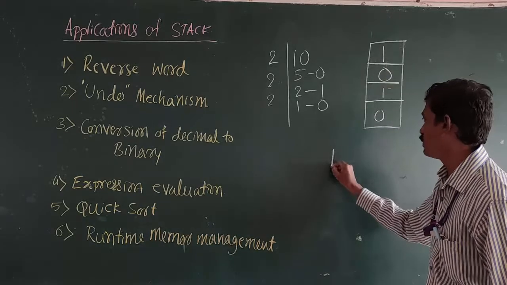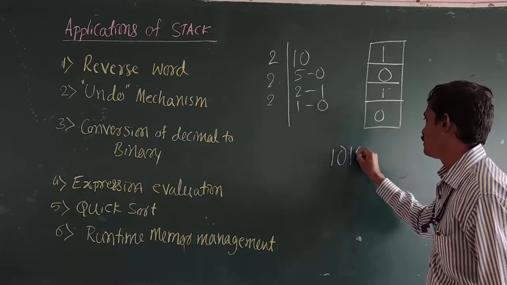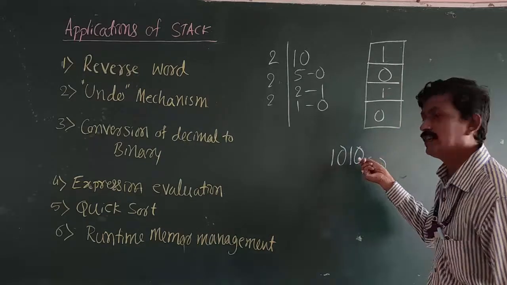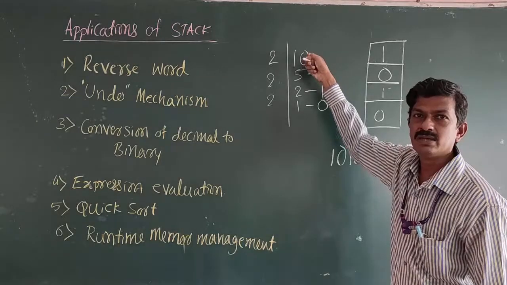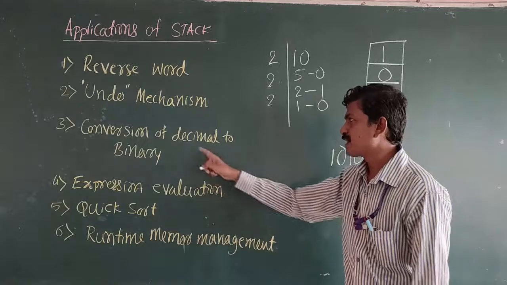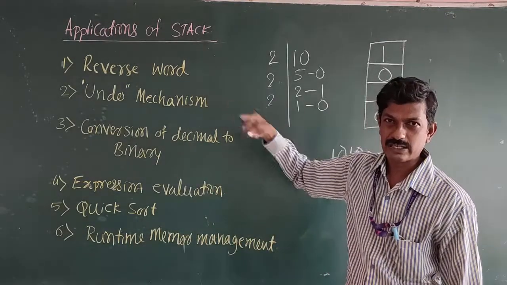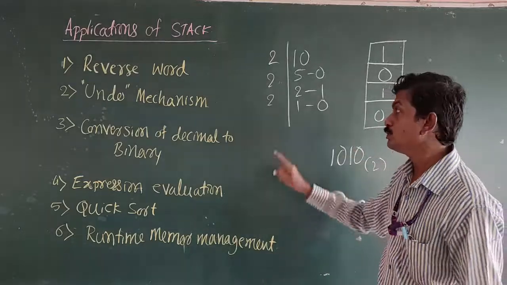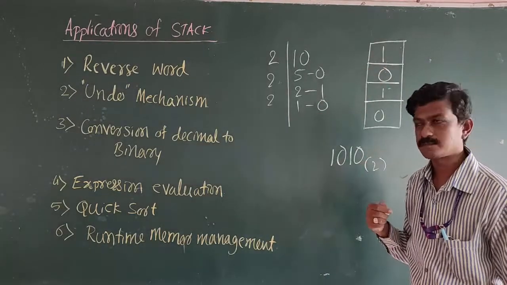First one is 1 0 1 0. Right? It is the binary value of decimal number 10. This is how we convert a decimal number to binary using a stack. Whatever remainders we get should be pushed to the stack.